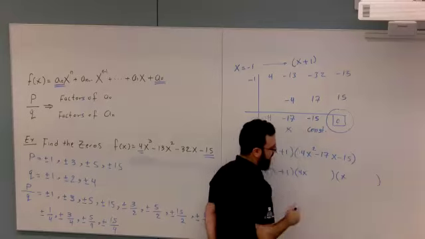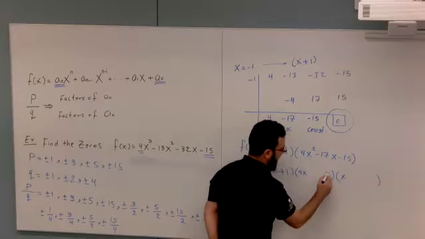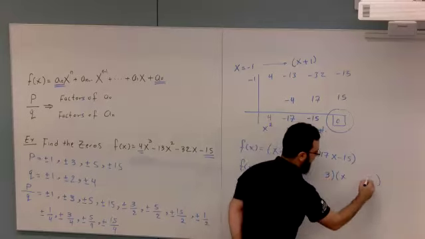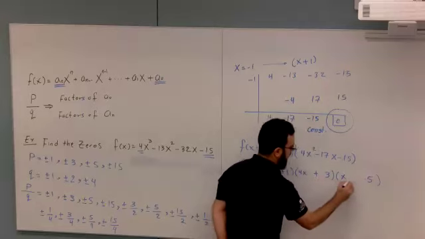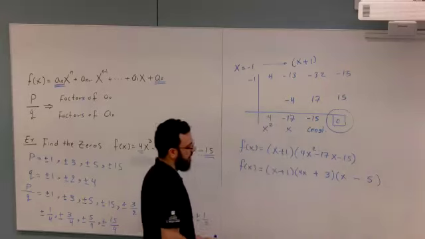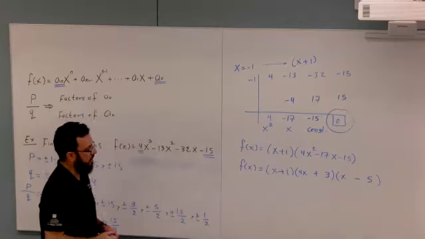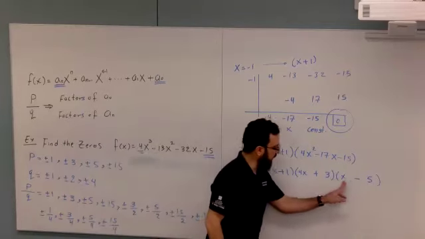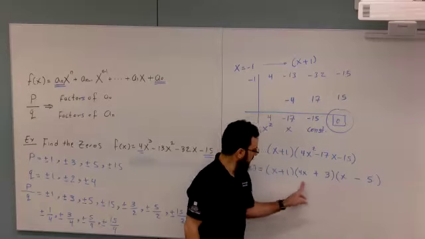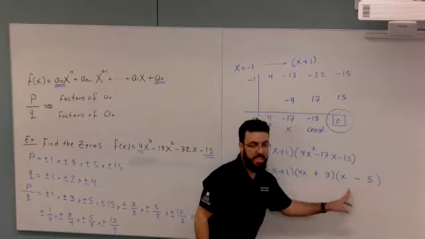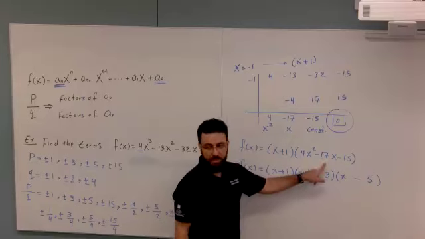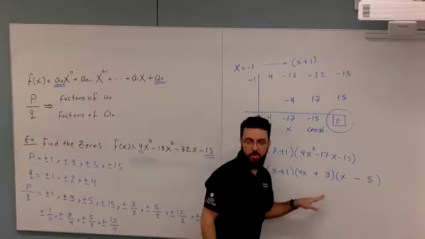So here is an x. What do you put here? x plus 3, 3 and 5. That's a 3 and minus. Now let's check. 3 times x is 3x. 4 times negative 5 is negative 20. Add these, it's going to be negative 17. So these are the 2 factors.